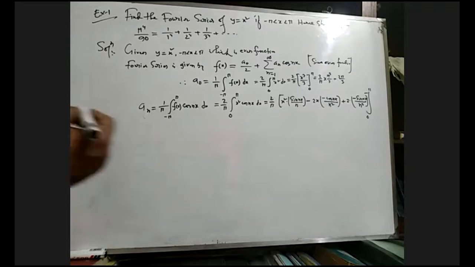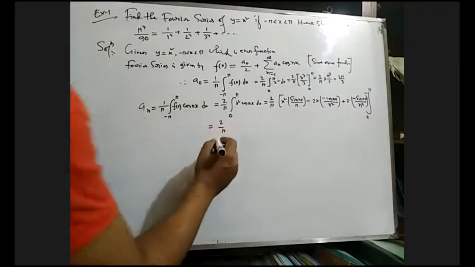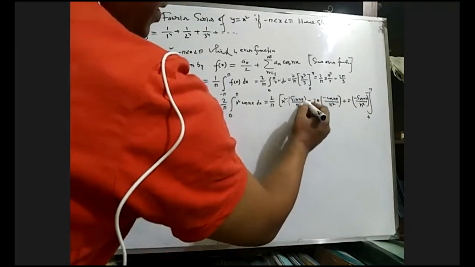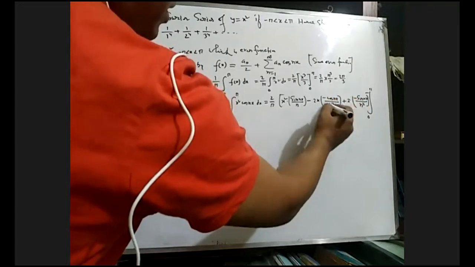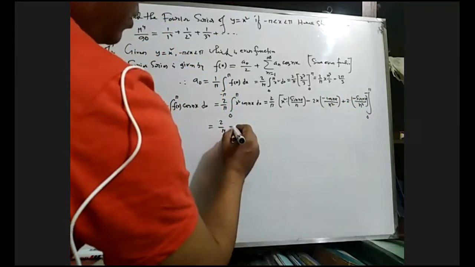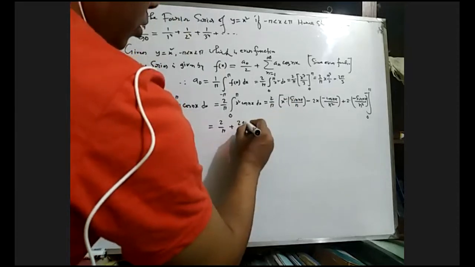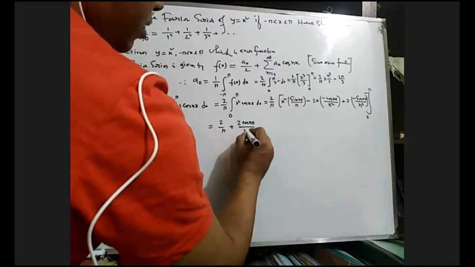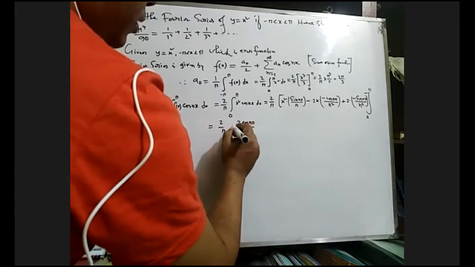So a n equals, now using pi, sin n pi means 0. And putting the lower limit, this also is 0. Just minus minus, what will be? Plus 2 cos n pi divided by n square.